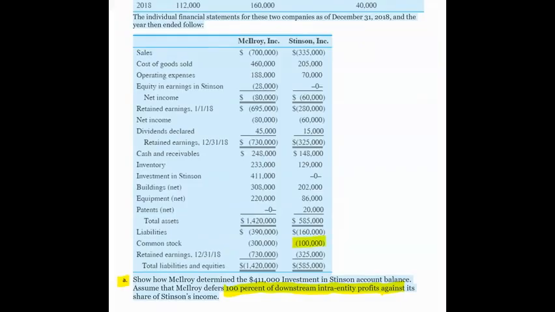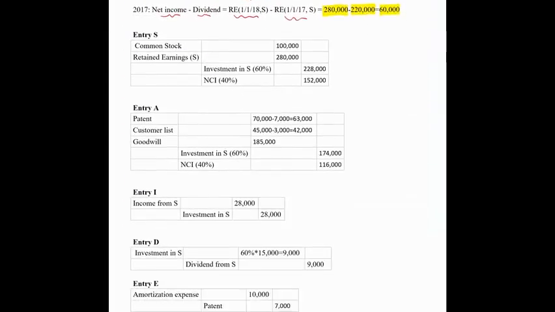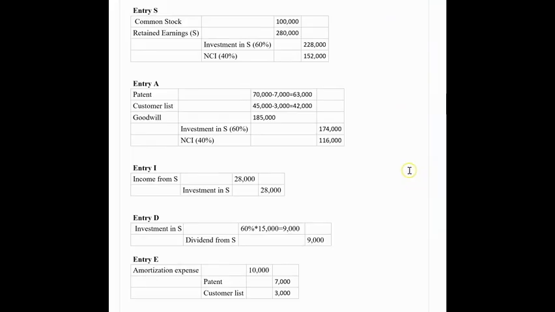So common stock 100,000, beginning retained earnings 280,000. So I'm going to eliminate these two balances, and credit investment in subsidiary and also credit non-controlling interest. We're going to allocate 60% of the total debit to the investment account and 40% of the total debit to the non-controlling interest balance.